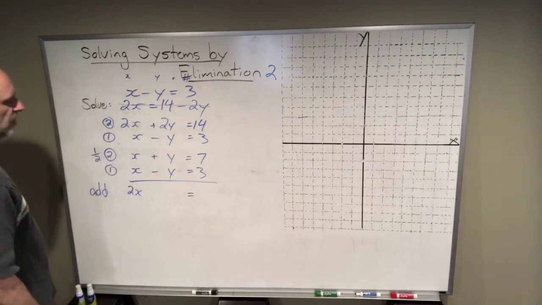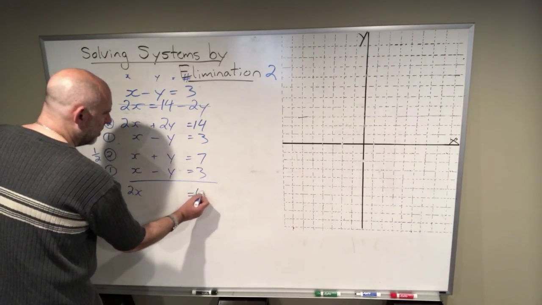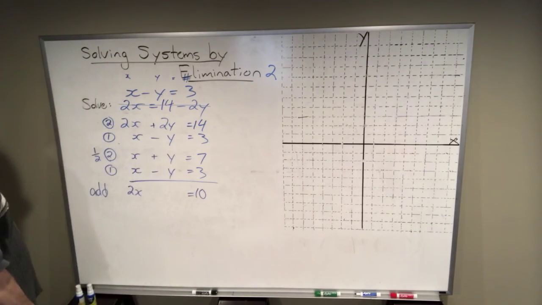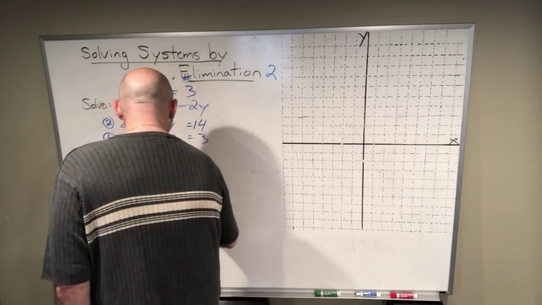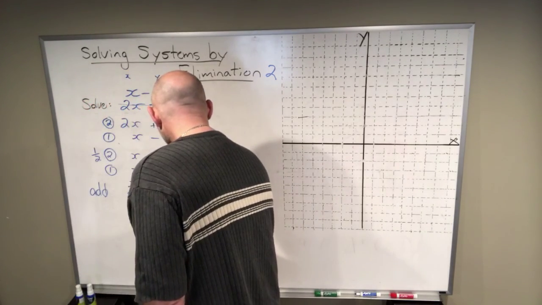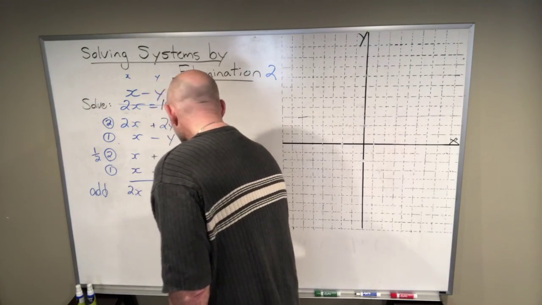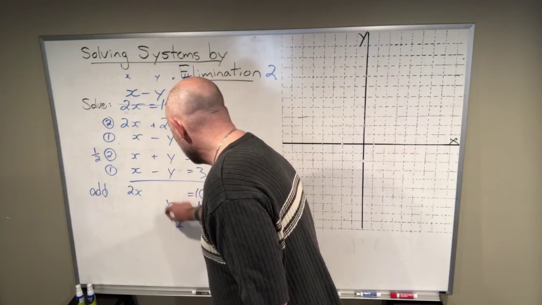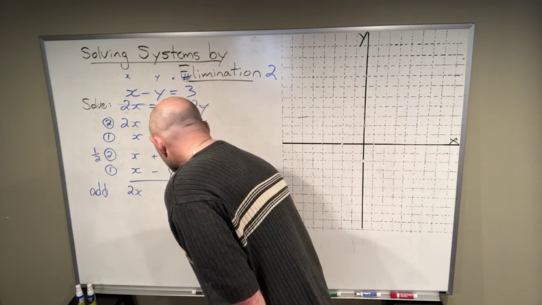Plus y and a minus y cancel each other out. And then a 7 and a 3 gives me 10. Okay, so I got 2x equals 10. X equals 10 divided by 2, which is 5.